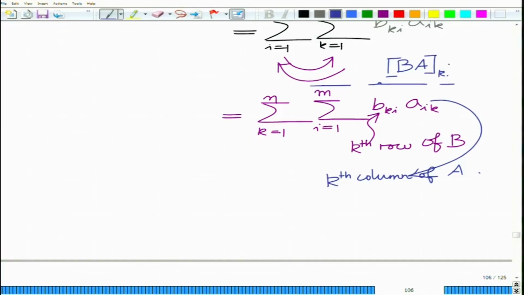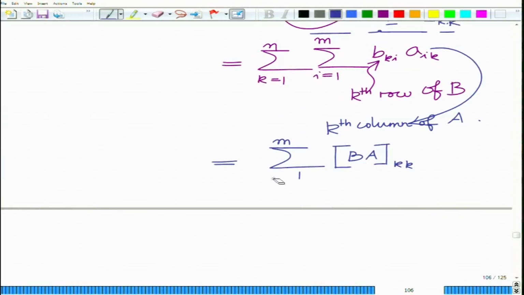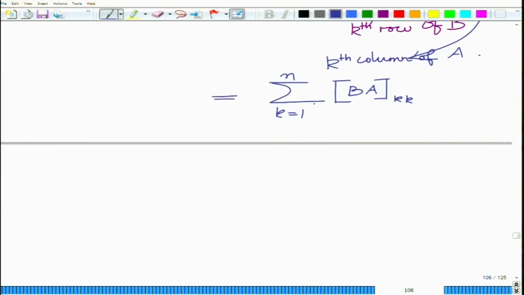and this is basically the kth diagonal element of BA. Therefore, what you can see is that summation i equals 1 to m gives the matrix product BA, and this is the kth diagonal element. You are taking the sum over k equal to 1 to n, the sum of all the diagonal elements BA kk, which is nothing but the trace of BA.